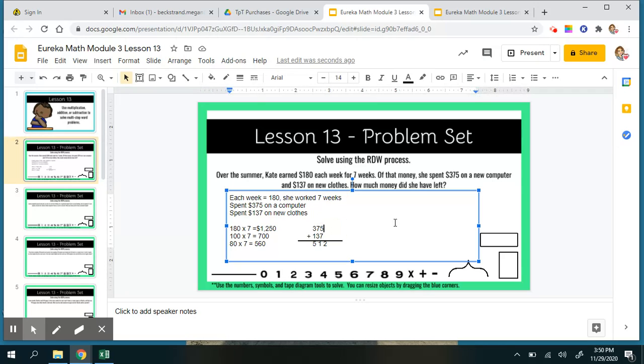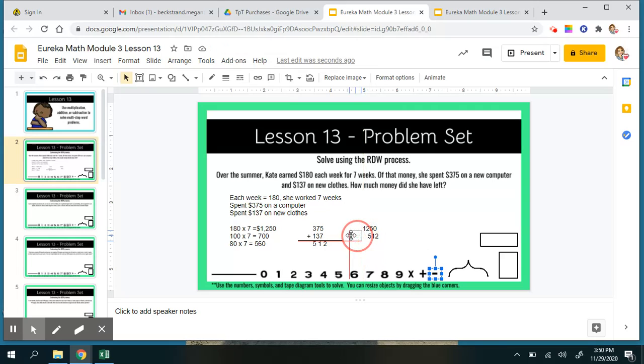So now let's set up our subtraction problem. 1,260 minus 512. Okay, this is where these little gadgets will help. We can show what we're doing here.